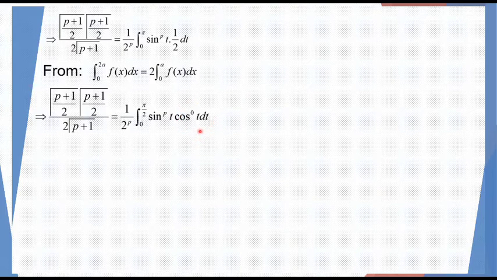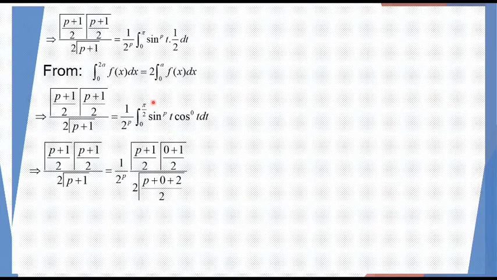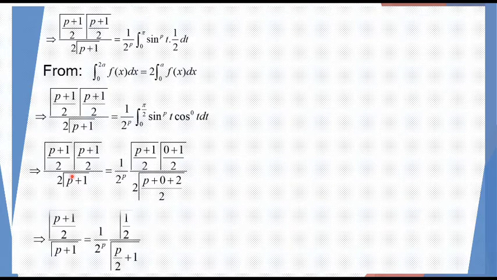So now we can apply the particular phenomena of integral 0 to pi by 2 sin raised to power n theta and cos raised to power n theta d theta. So we can rewrite in terms of gamma function as gamma p plus 1 by 2 gamma 0 plus 1 by 2 upon 2 gamma p plus 0 plus 2 by 2. So this 2 cancelled out by this, and gamma p plus 1 by 2 is cancelled out by the gamma p plus 1 by 2.